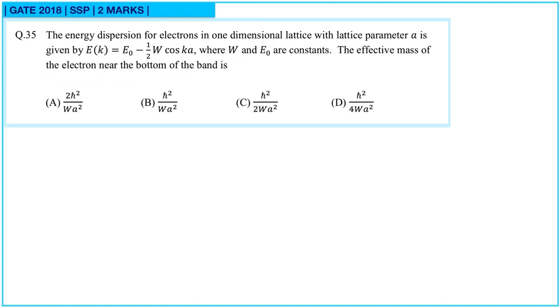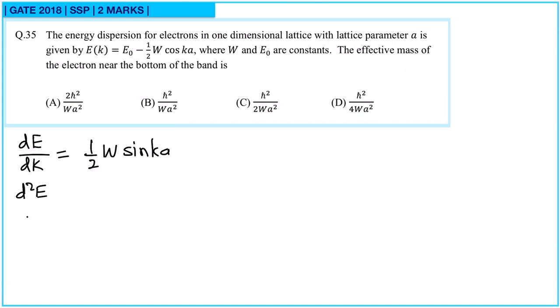Next question. The energy dispersion for electrons in a one-dimensional lattice with lattice parameter A is given by this equation. The effective mass of the electron near the bottom of the band is. So this E is given to us. Let us find its derivative with respect to K. So dE by dK is equal to, E naught is constant, so this will be half W. Derivative of cos is minus of sine, so sine Ka, minus and minus will cancel out.